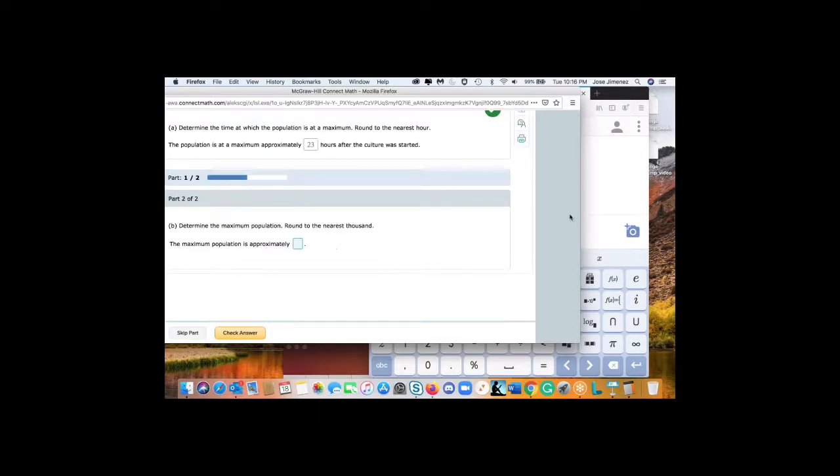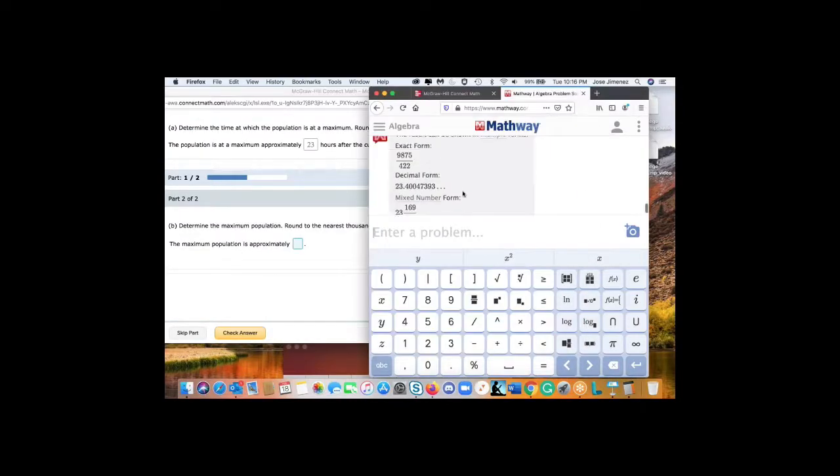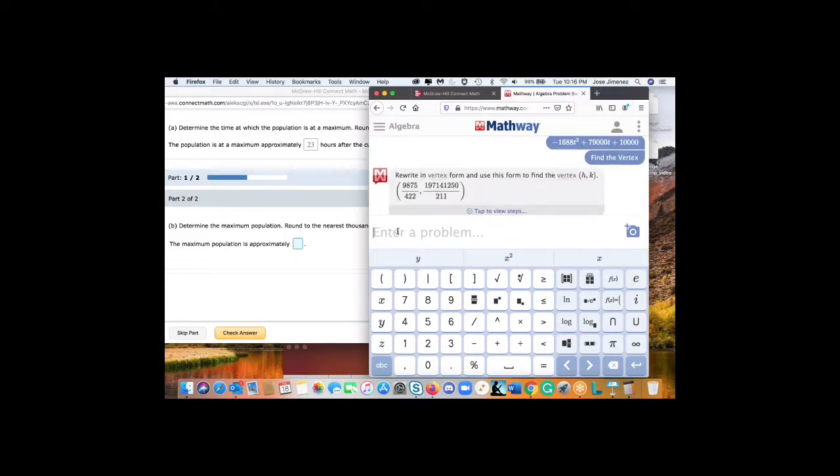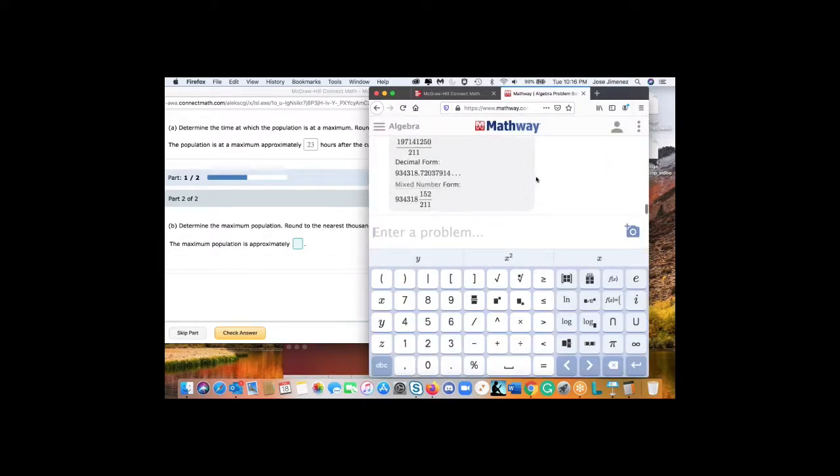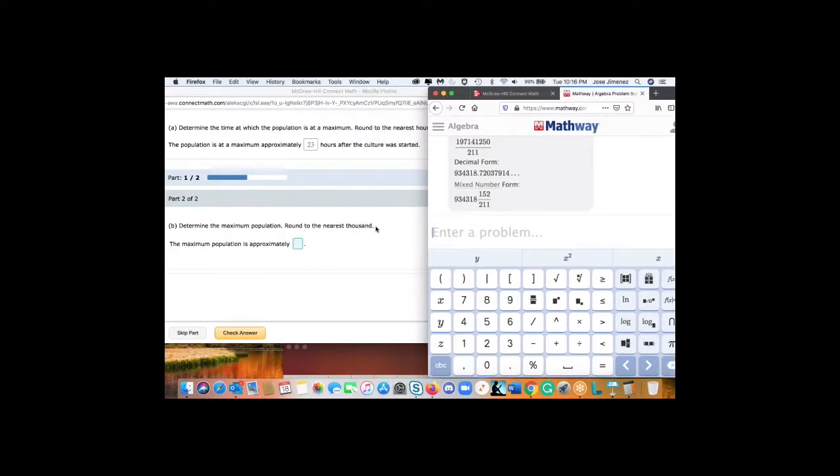Now the maximum population is the second one. So the second one, the big number, 197,141,250 divided by 11. We can say divide, and then the number is 934318. Now they say round to the nearest thousand.